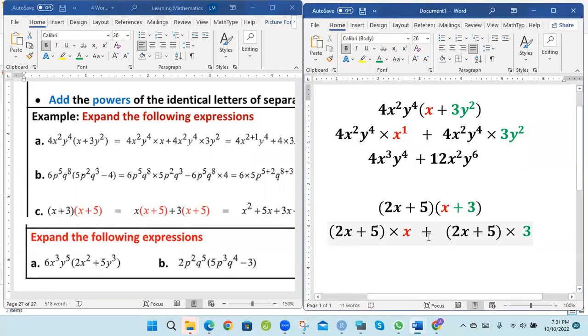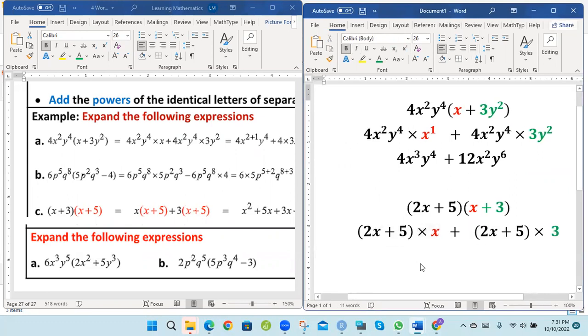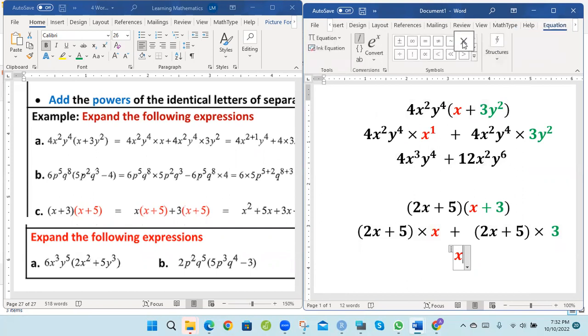So now what we're going to do, we're going to take that times x. We're going to multiply it to 5, 2x, x times 5, plus x times 2x.